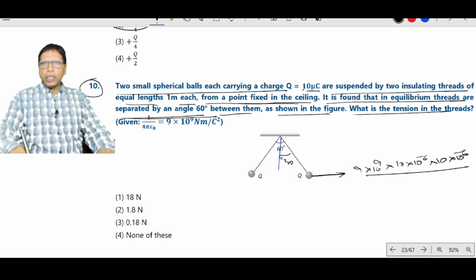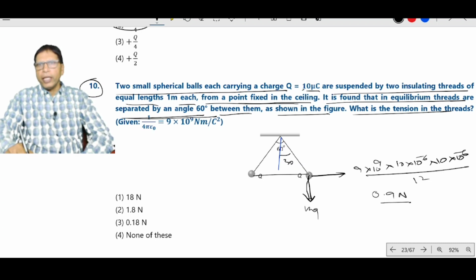If this is 60 degree, this side equal to this side equal to this side, so this is 1 square. Therefore, 0.9 Newton is the magnitude of force. Now, what is the mg? mg equal to mass into acceleration due to gravity. This is the mg.